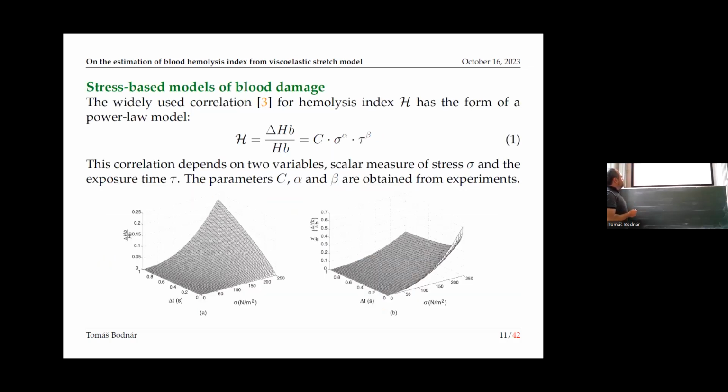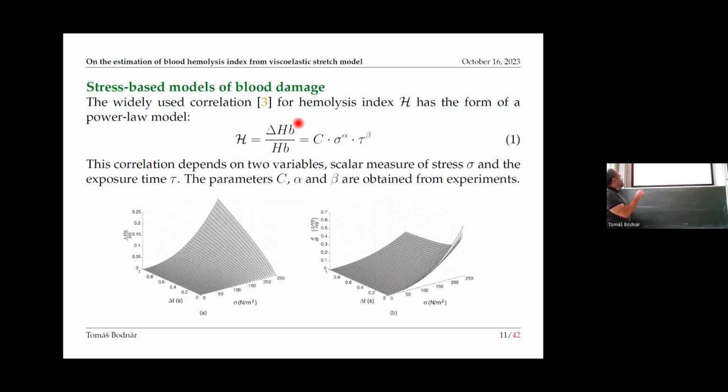So this is classical picture that you can find in many of those papers where this is what they call the hemolysis index H, and it expresses the physical quantity. So this is the increase of hemoglobin concentration in the sample.